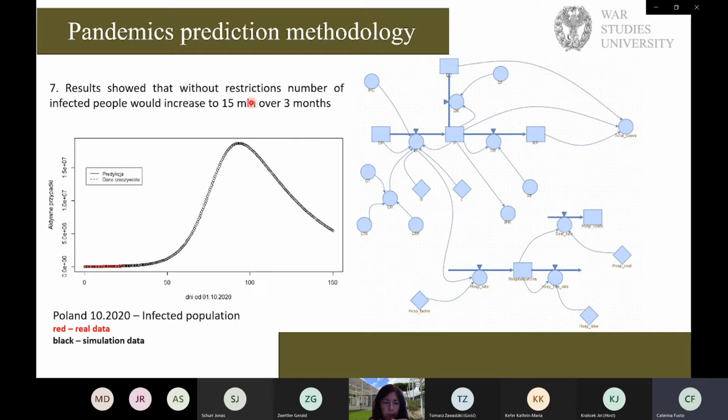And what were the simulation results? Simulation results show us that without restrictions, the number of infected people would increase to 15 million over 3 months.